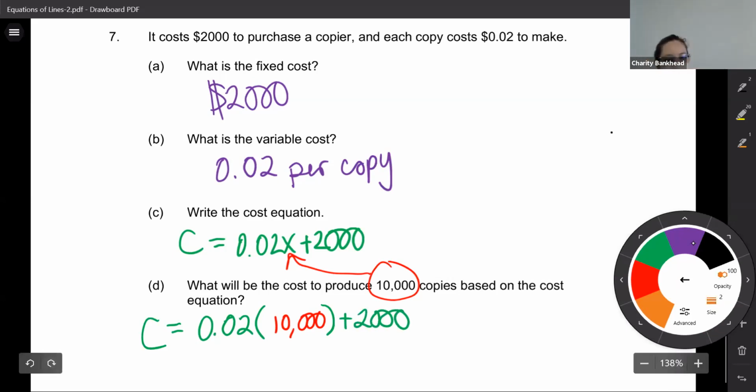Okay, so that's going to be 200 plus 2,000. So 2,200.